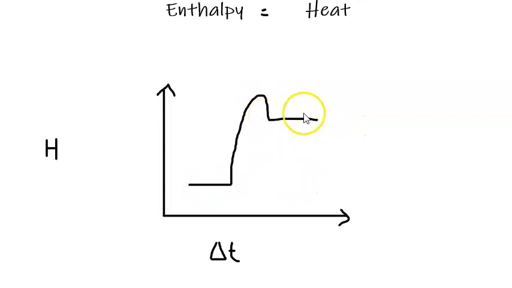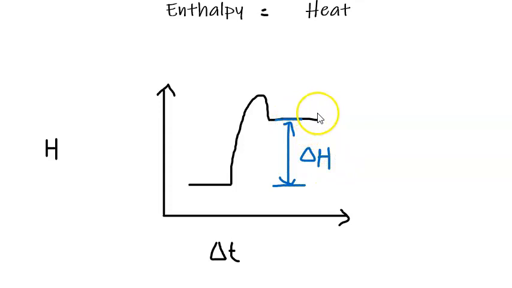So we've got the reactants here, the products there, and the change in enthalpy is the difference between this line here and this line here. So that's the change in enthalpy, and it's still the enthalpy of the products minus the enthalpy of the reactants.